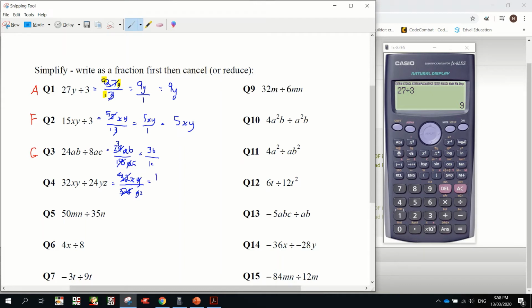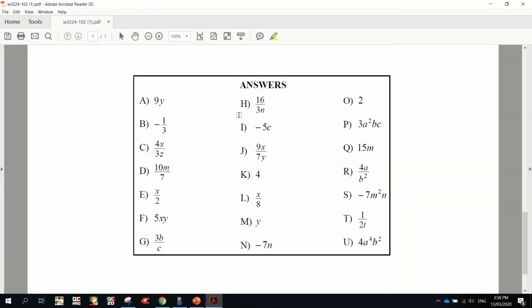Well, the 4's there, and the X is there. And in the bottom, we've got the 3 and the Z. Well, let's have a look for that. 4x over 3z. 4x over 3z. Whew, there he is, C.